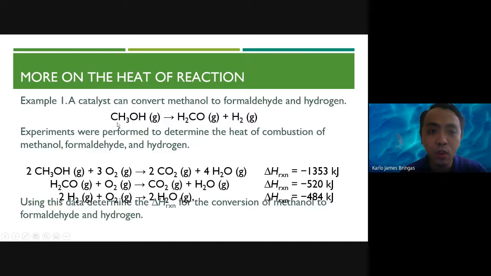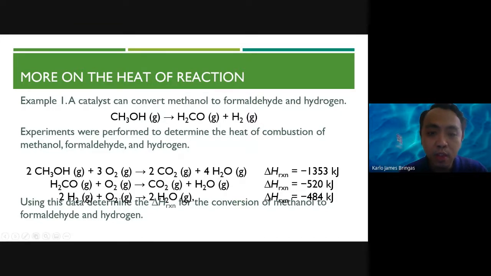This one over here. This is a way for us to generate hydrogen gas that can then be used as a fuel for our engines. Now, experiments were performed to determine the heat of combustion of the methanol, the formaldehyde, and hydrogen.